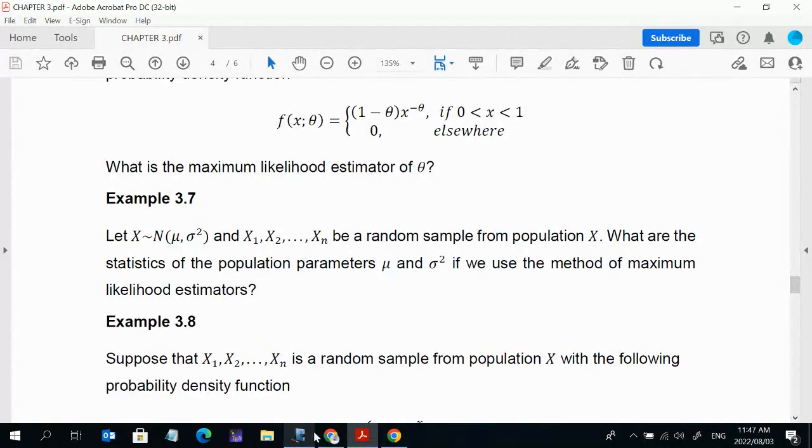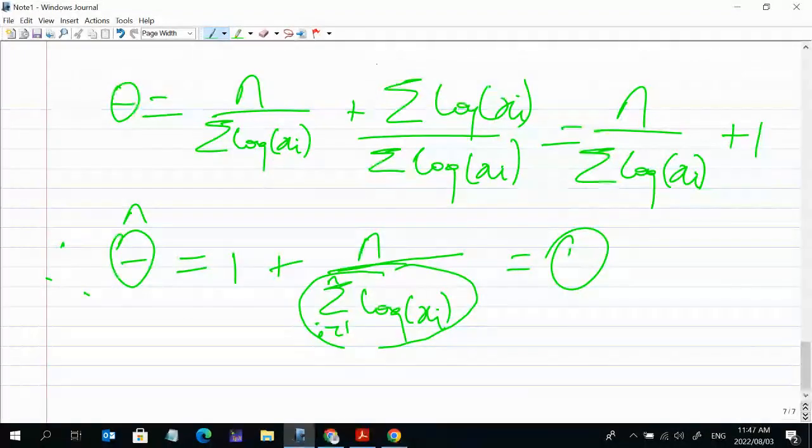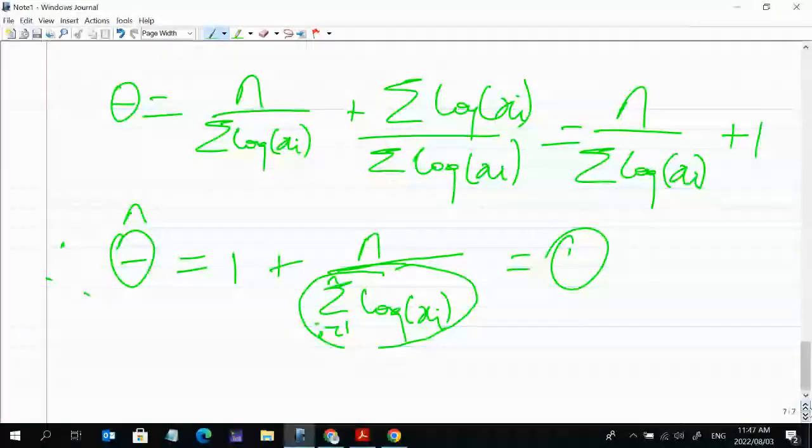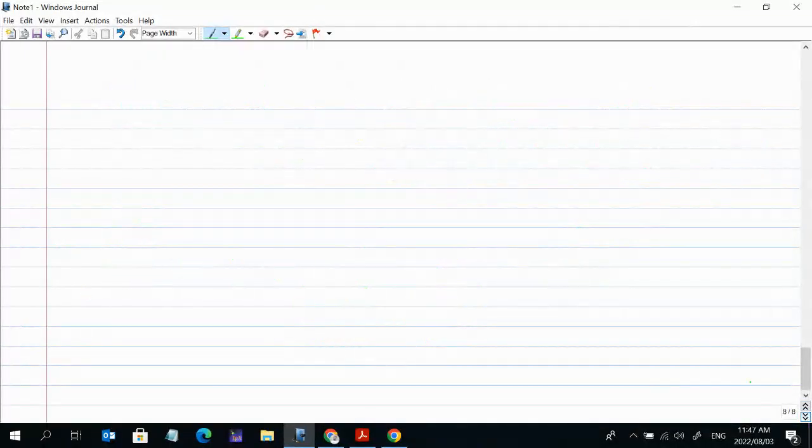So that definition says we have to first get the joint function. We have x, which is normally distributed with parameters mu and sigma squared.